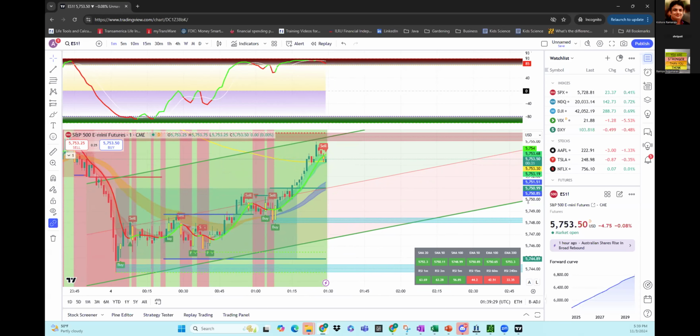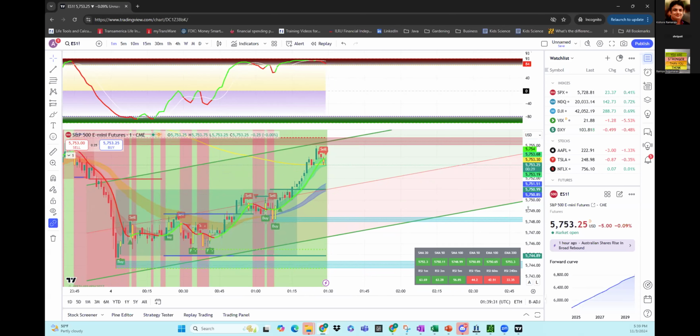What stop loss do you usually go for? Like at the top, in this case 5755, something like that? Whatever is the previous high, you can put your stop loss a little bit above that. If it is dropping, you can put your target at the midpoint.